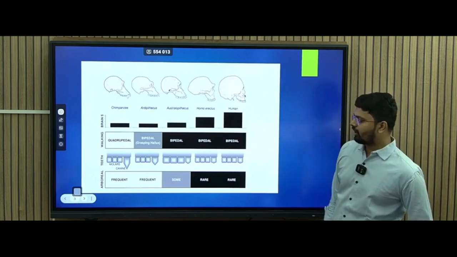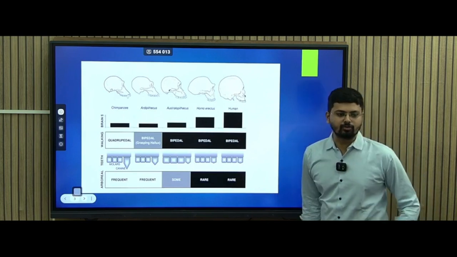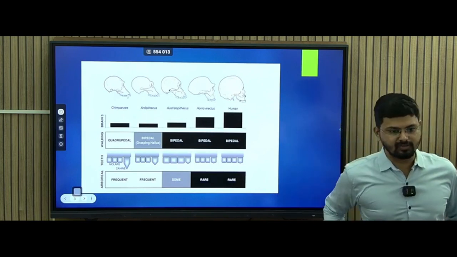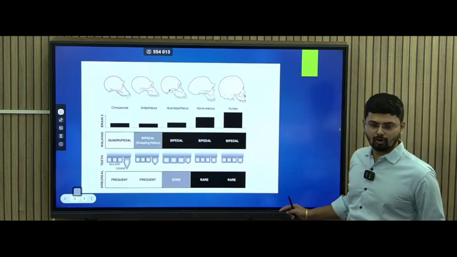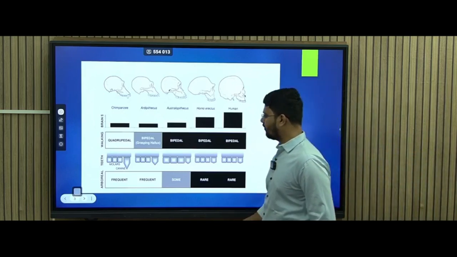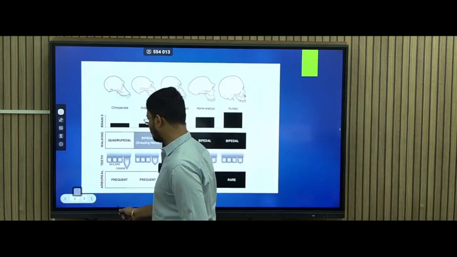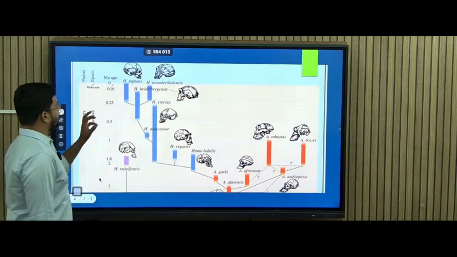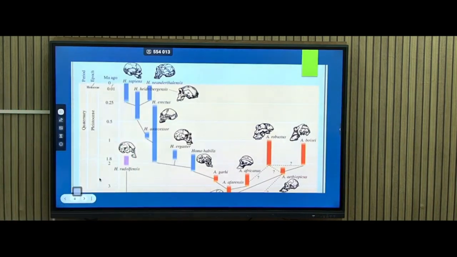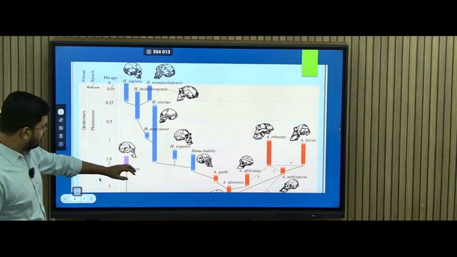and they are no more arboreal. They don't get onto trees. Arboreal means using trees, no more arboreal. Right. So now this is the time period, because we have seen the time period also, but during which time period?